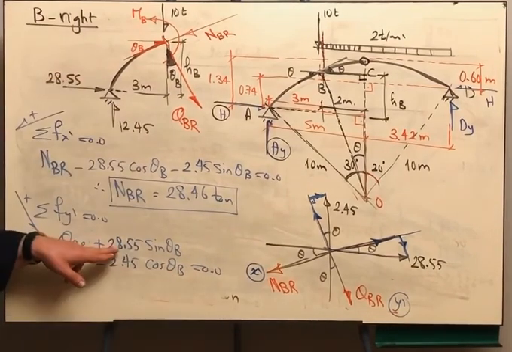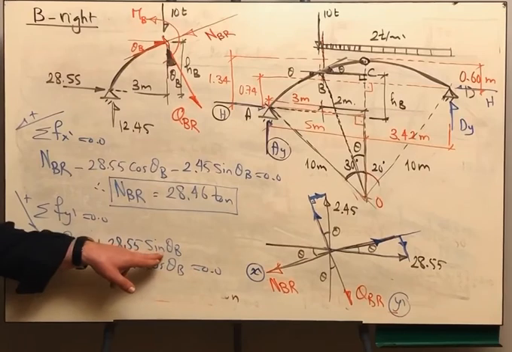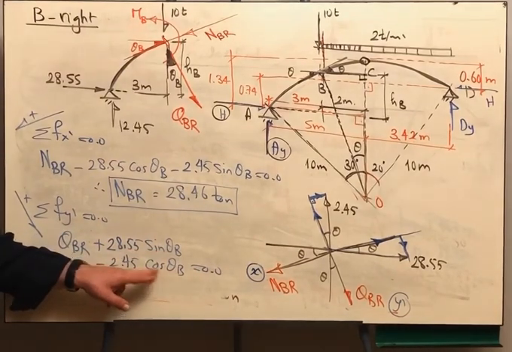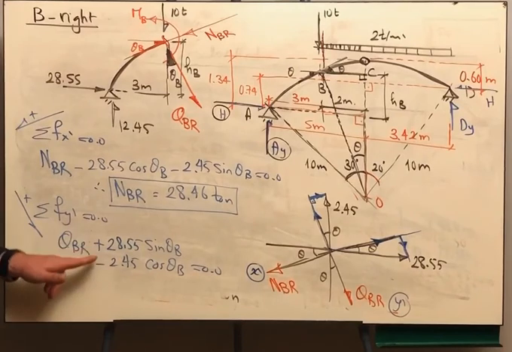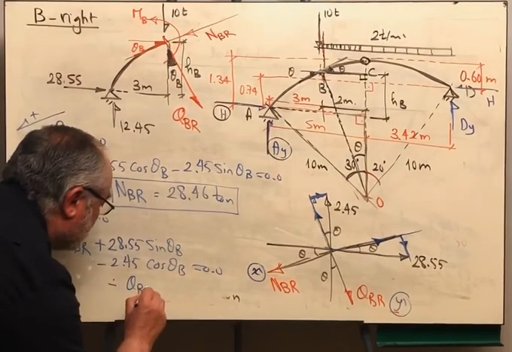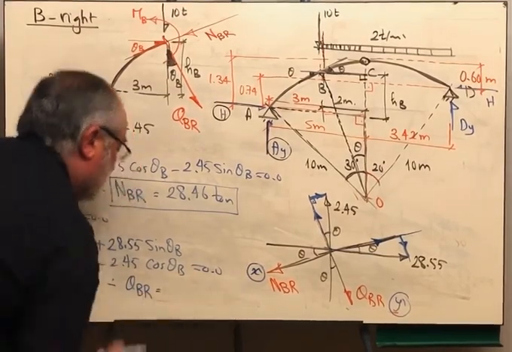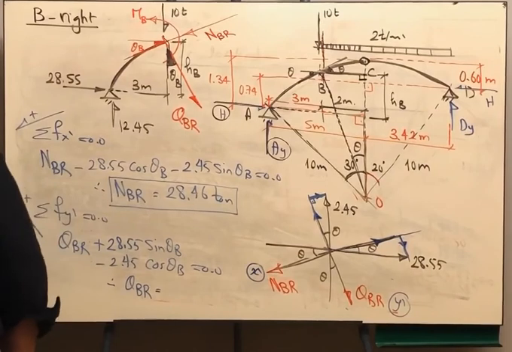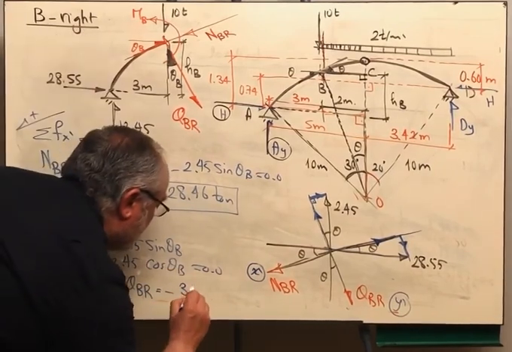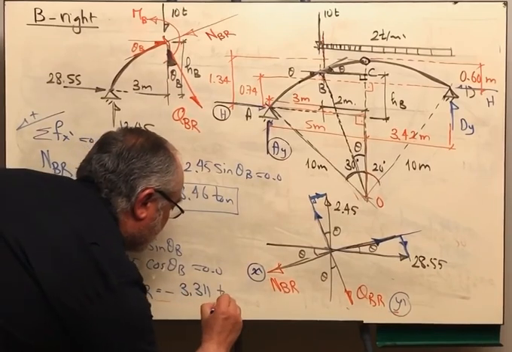Whenever you have one of the forces multiplied by the sine, the other one should be multiplied by cosine. But you have to watch whether it is positive or negative. Okay, so from there, if you did this, you will get QB right, and it will be negative 3.311 ton.